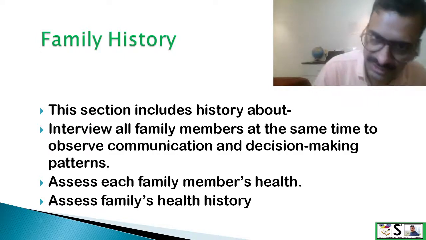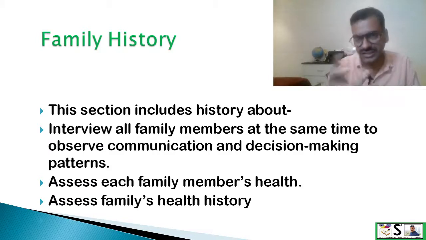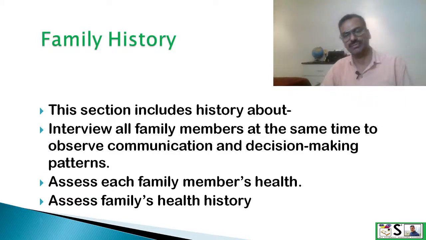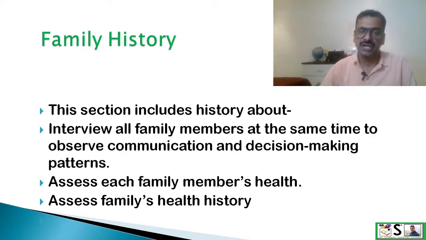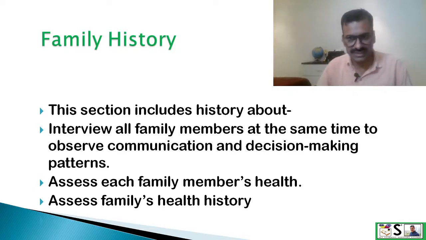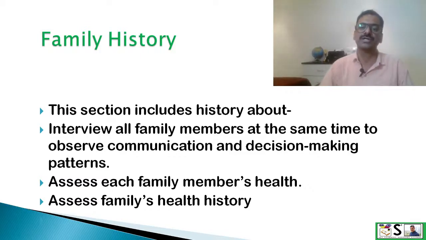Then we come to family history. In history taking, family history is also very important. This section includes interview of all family members at the same time to observe the communication and decision making pattern. Assess each family member's health and also assess the family's health history.